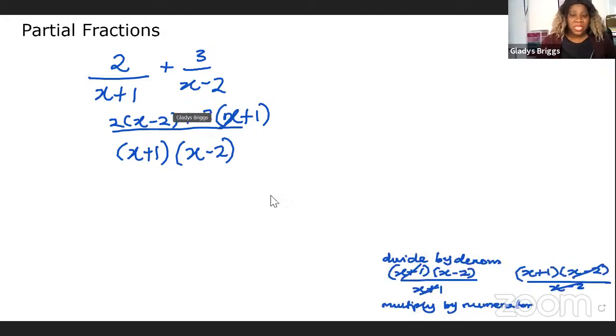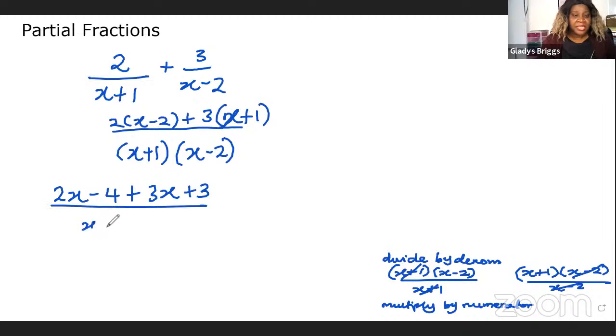Okay, so if I expand the top now, I'm going to have 2x minus 4 plus 3x plus 3 over x plus 1 times x minus 2. When we were doing algebraic fractions, we did this. So now we can collect like terms and simplify the top. 2x add 3x is 5x.